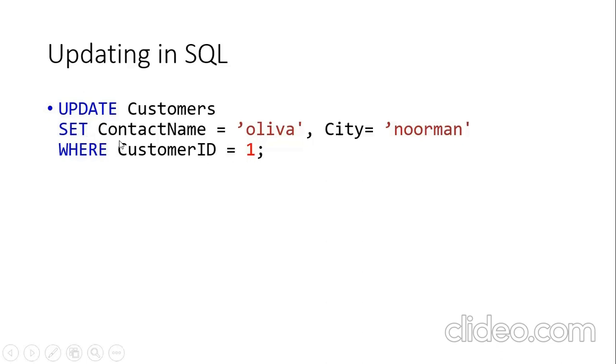It will replace the contact name with Olivia and the city with Noorman, where the customer ID value is equal to 1. So if the customer ID value is equal to 1, whatever the contact name and city are, we have to update them as Olivia and Noorman.